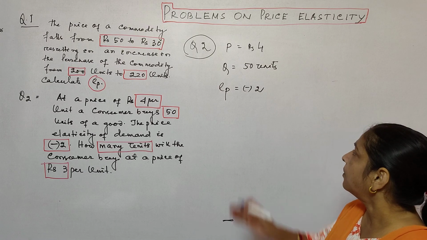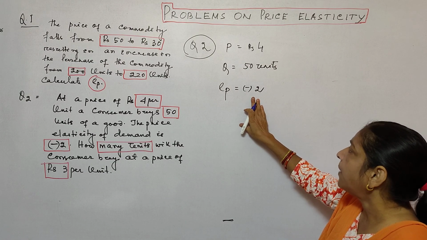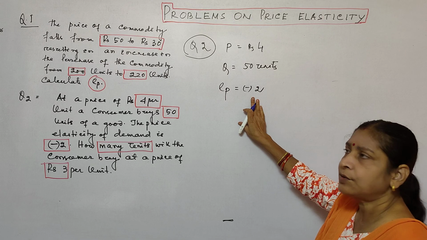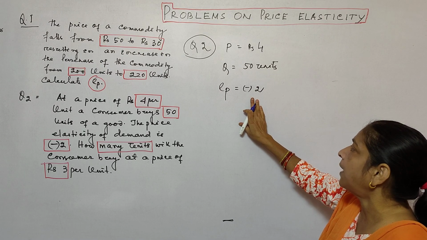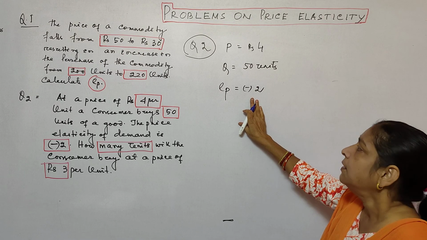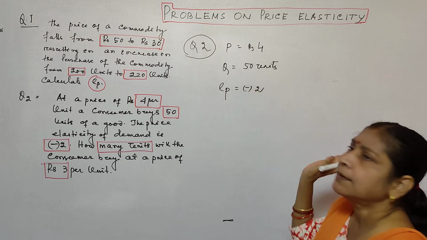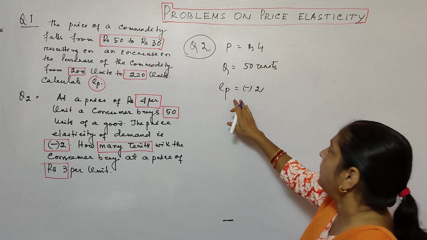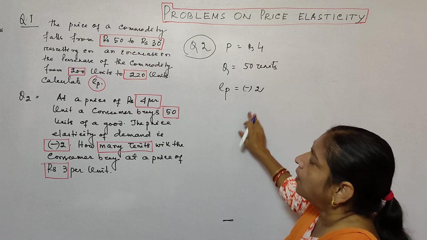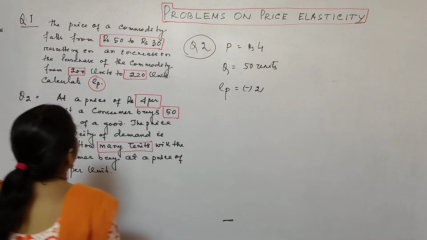So the sign of EP is normally negative, and we make it positive by putting a modulus sign. So here the EP is 2.